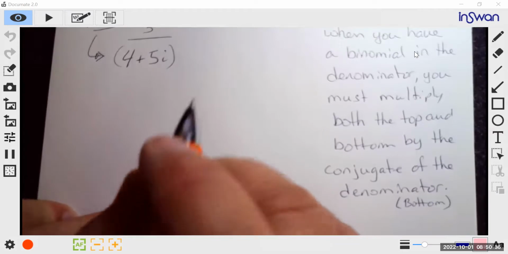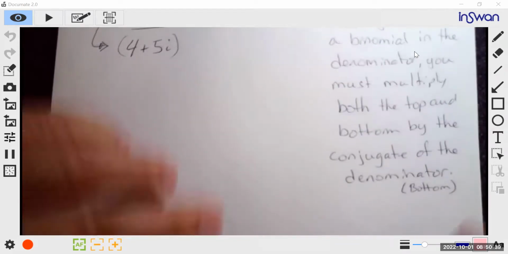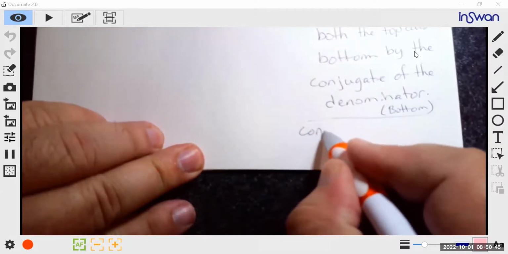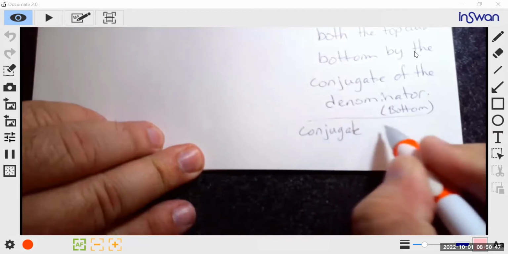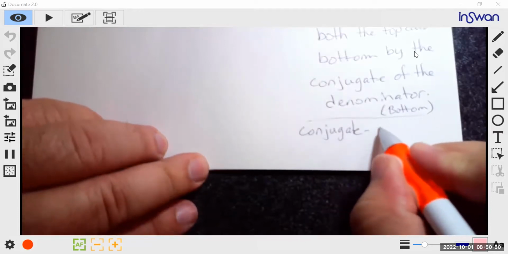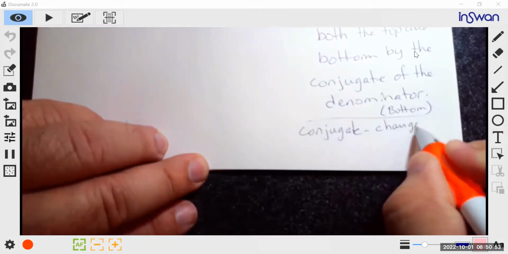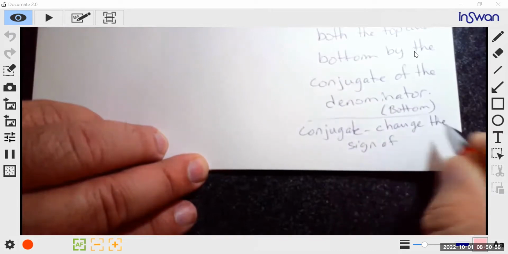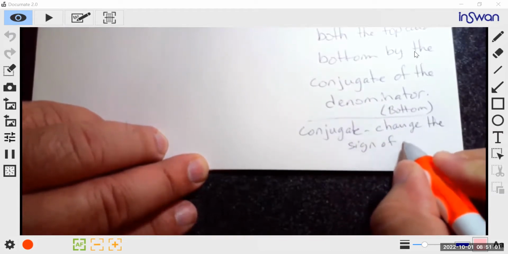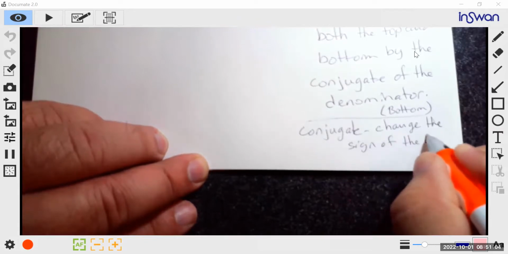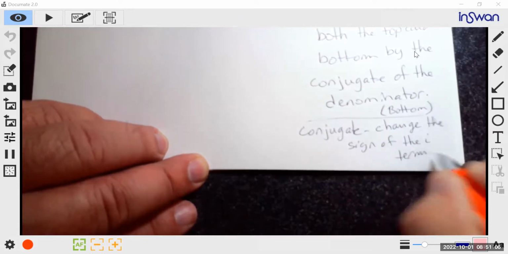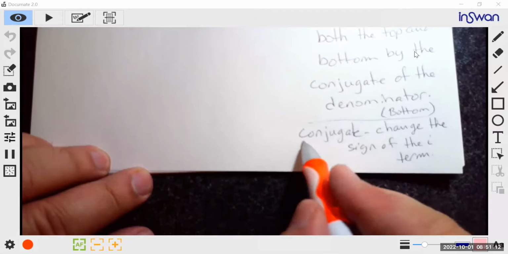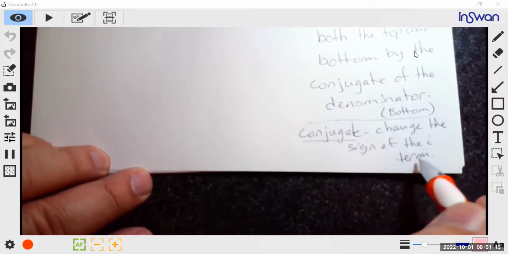So what exactly is a conjugate? All you have to do to get the conjugate is change the sign of the I term, the imaginary term. To find the conjugate, you simply change the sign of the imaginary term.